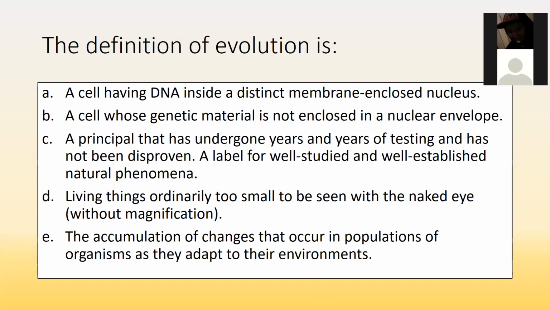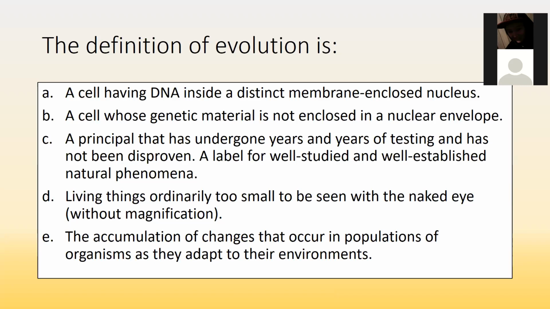Could you say the choices for the letters again, please? Sure. A is a cell having DNA inside a distinct membrane-enclosed nucleus. B is a cell whose genetic material is not enclosed in a nuclear envelope. C is a principle that has undergone years and years of testing and has not been disproven.